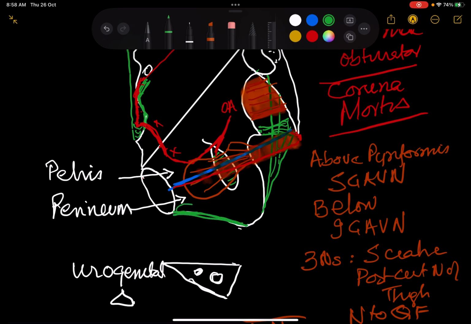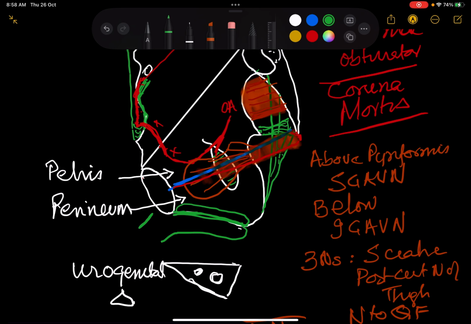The superior fascia of the pelvic pouch and the inferior fascia of the pelvic pouch go into the pelvis. So this is the urogenital triangle, and between the two sacrotuberous ligaments, the rectum pierces the levator ani and goes into the anal canal.